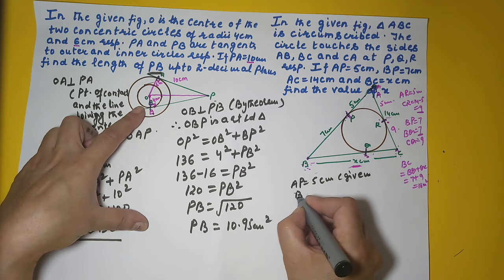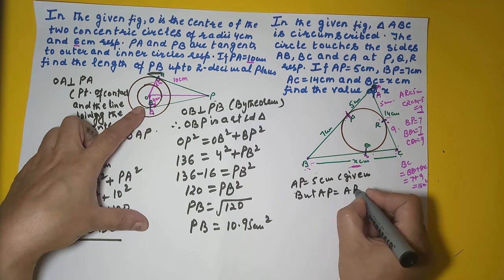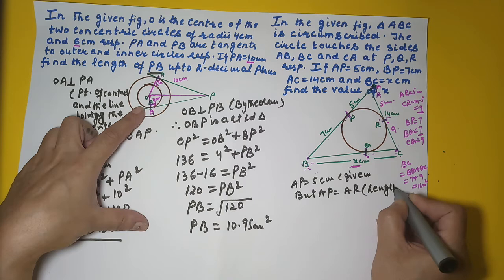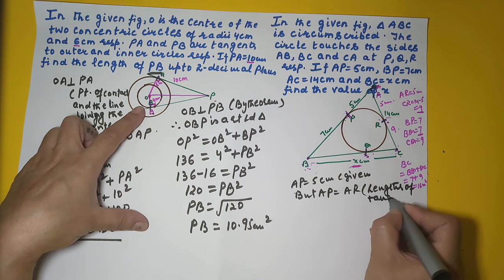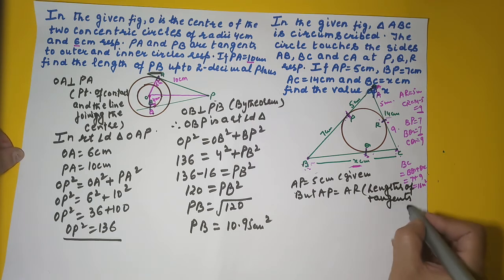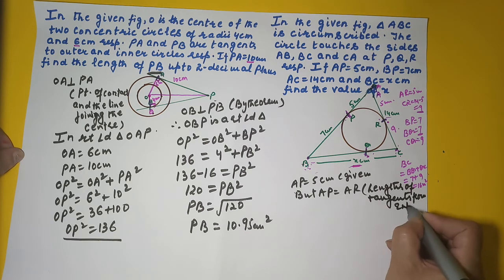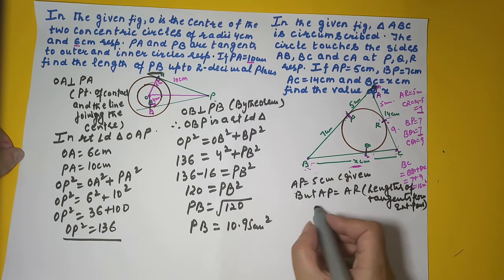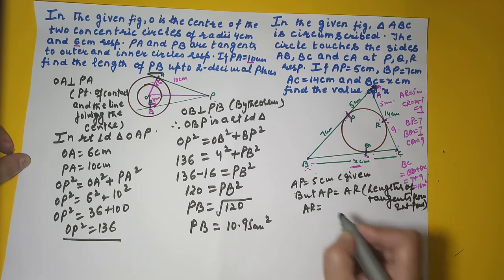But AP is equal to AR. You can write lengths of the tangent from external point. You can write the entire theorem here. So my AR is 5.